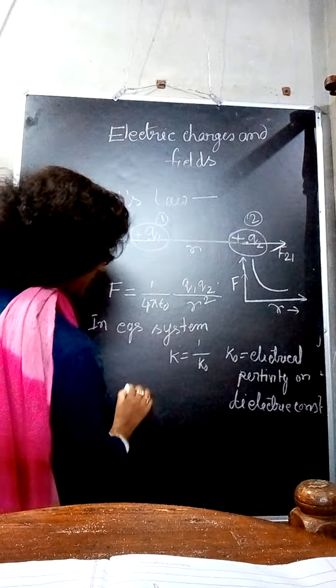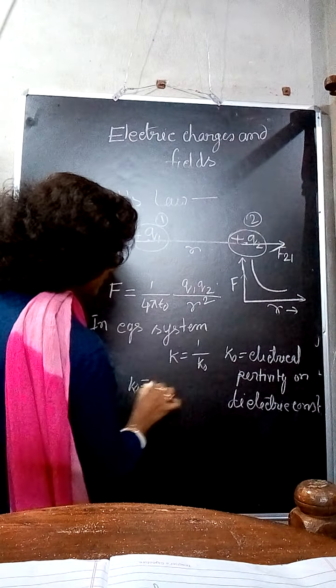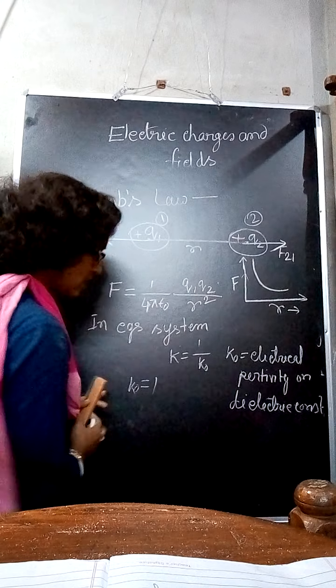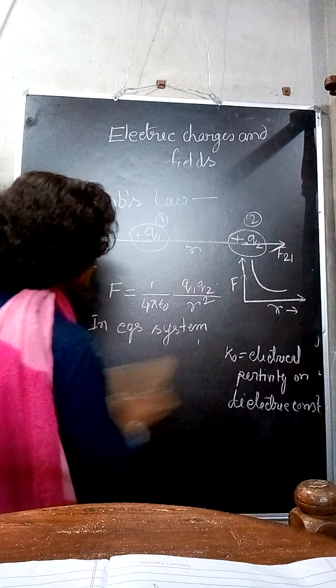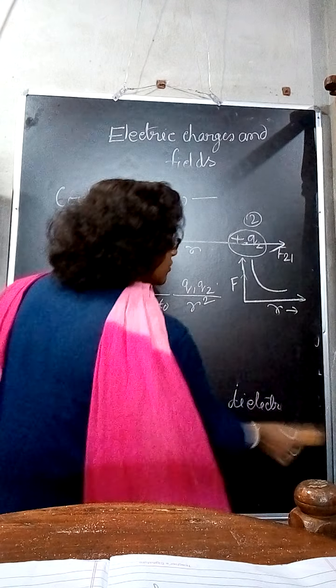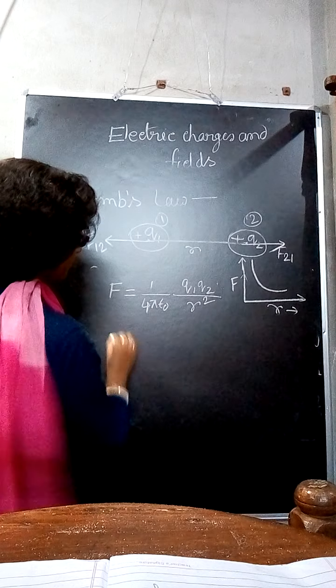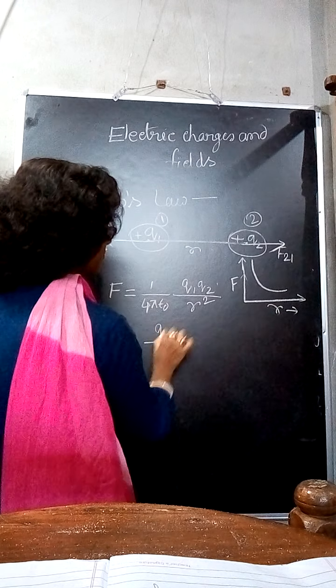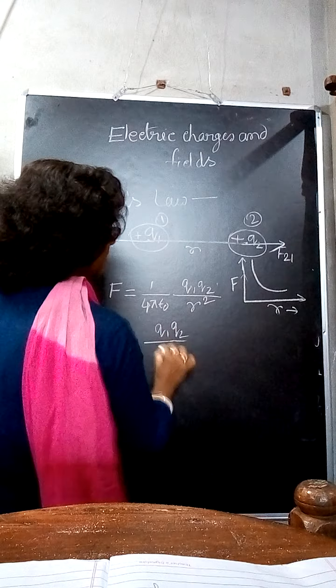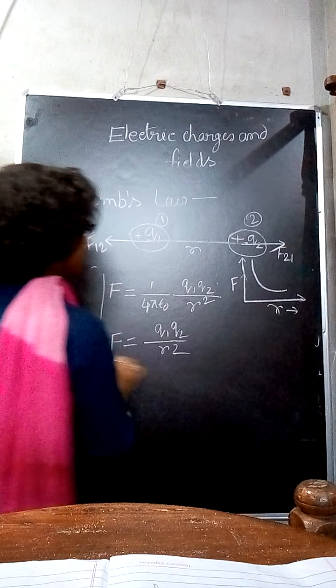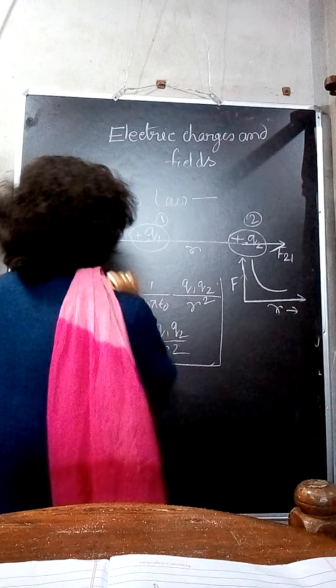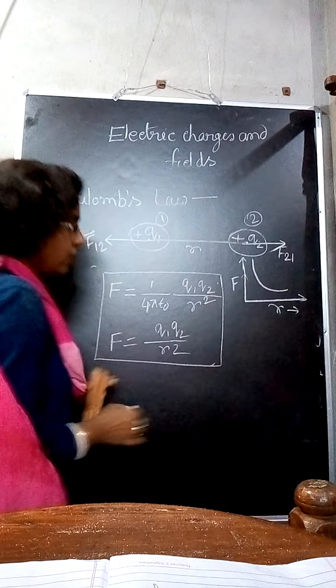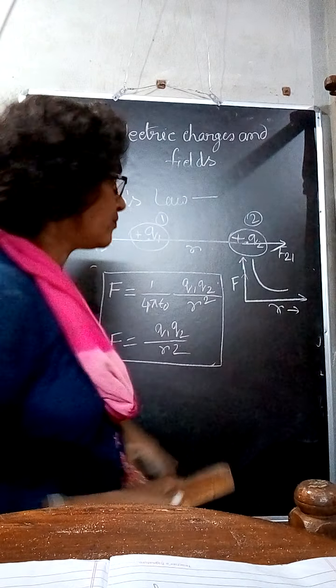Its value in CGS system is 1 for free space, also for air. So the Coulomb's formula, the mathematical formula, will be in CGS system Q1 Q2 by R square. So these are the mathematical formulas for the two systems.